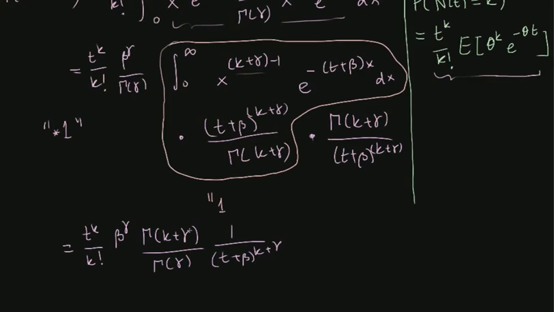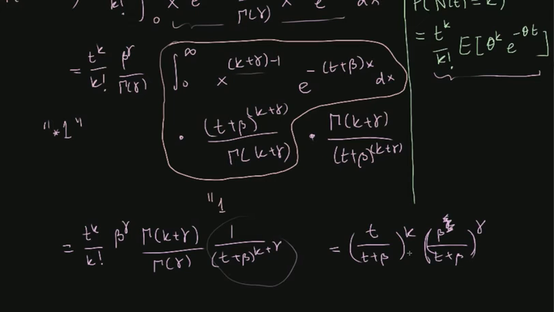What can we do from there? Well, I can group the t to the k together with the t plus beta to the k down here. So this is all to the k. And then I have beta to the gamma, and over here I have t plus beta to the gamma. So I can take the entire gamma power of this. And then what I have left is gamma of k plus gamma divided by gamma of gamma multiplied by k factorial.